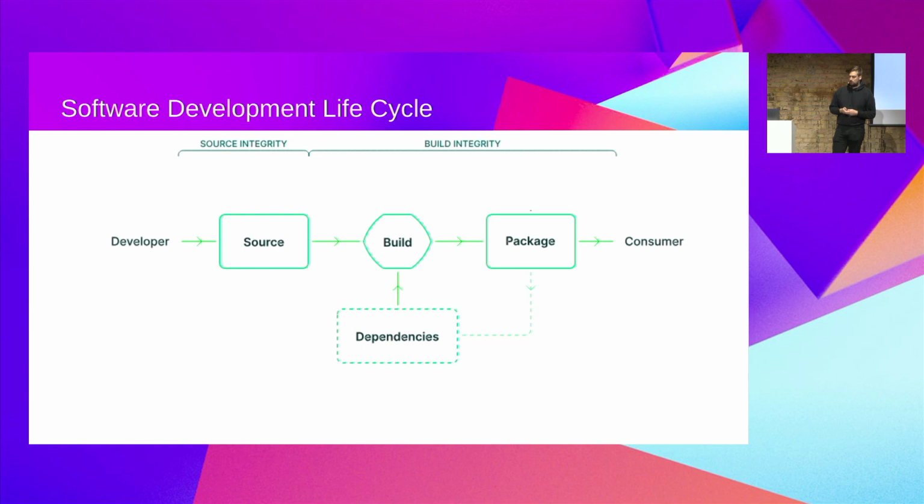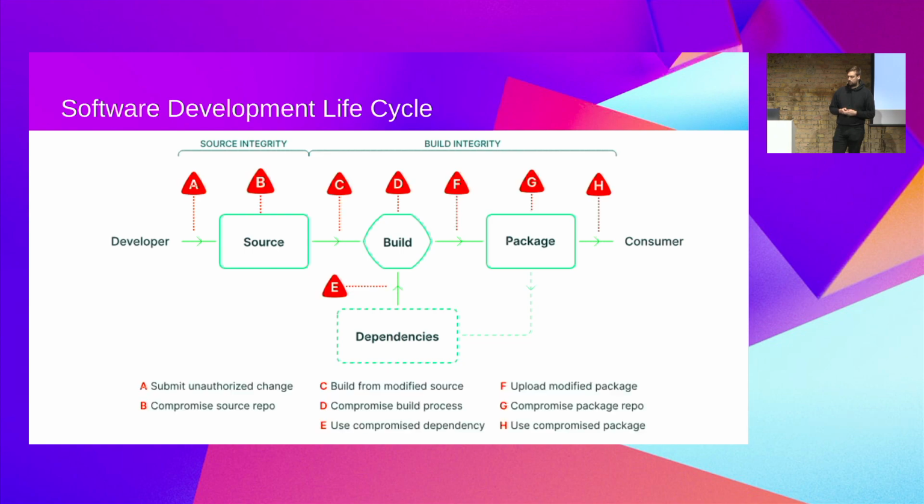Of course, from a security perspective, there are a lot of places where something can happen in this process. So here are a couple of steps where an attacker can interfere with the whole software development lifecycle between the developer and the consumer.